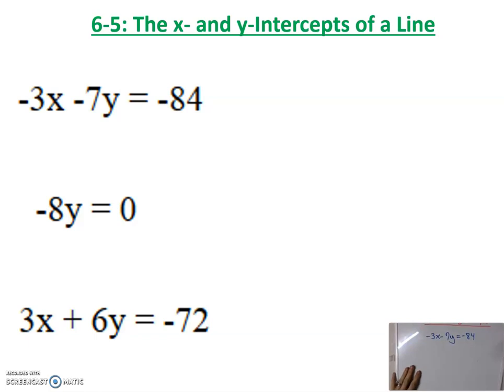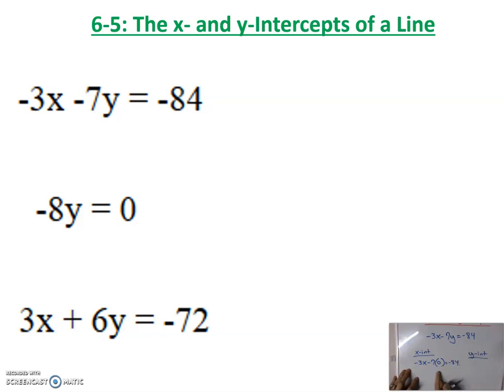Okay, so if I want to find the x-intercept of this equation, to find the x-intercept, I want to keep x and substitute y for 0. So when I rewrite this, I rewrite negative 3x minus 7, instead of y, I'm doing times 0 equals negative 84.